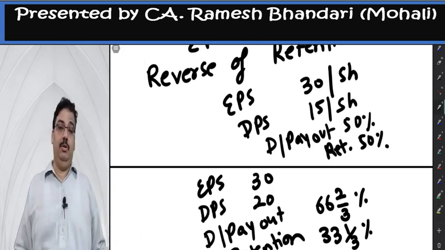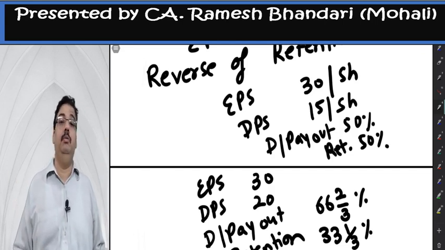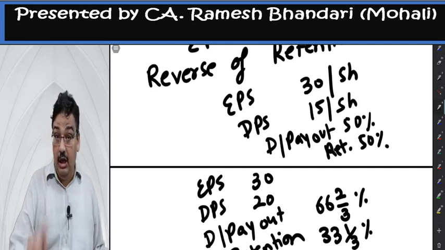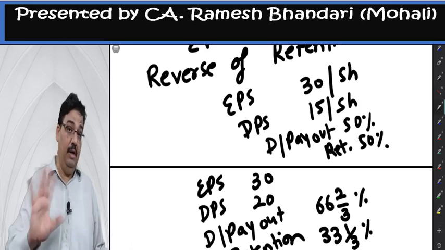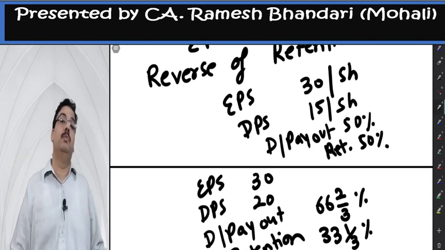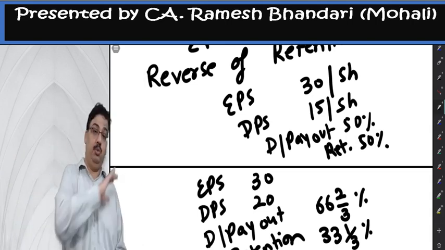Remember, in some exam, I got a question. The company declares a dividend of 30%. Now this 30% is not a dividend payout ratio. This is 30% on capital, on face value. Then it said compute dividend payout ratio.